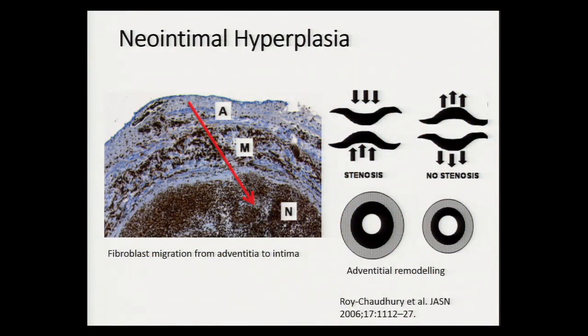This other diagram here shows that the lumen is exactly the same. There's more stenosis here, but as long as the vein can dilate, potentially there's going to be no obstruction. If the vein cannot dilate, then a smaller degree of proliferation will cause a significant stenosis.